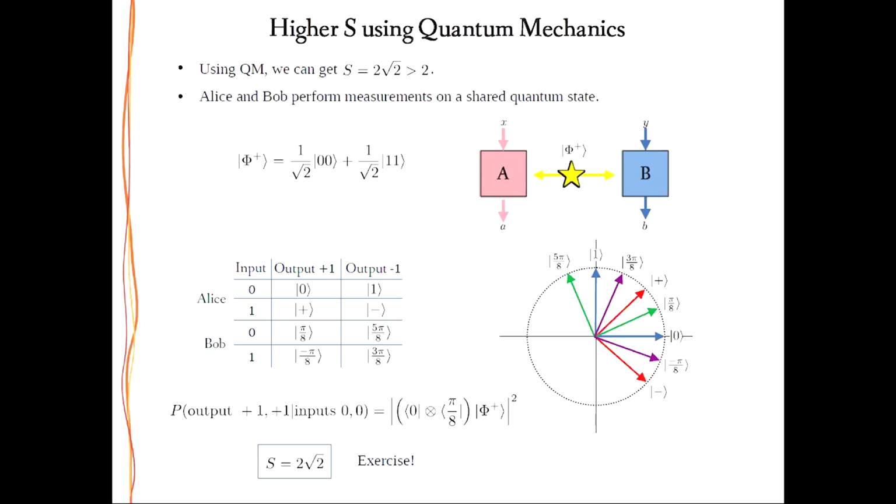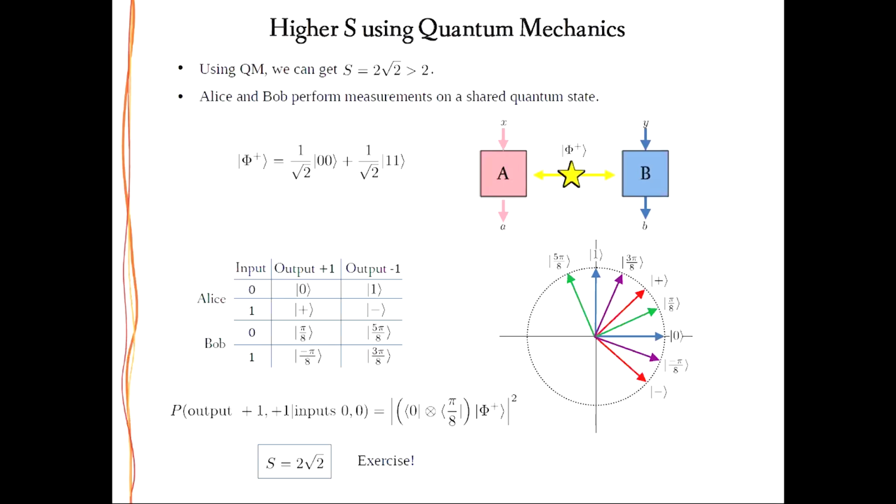So here we have the input state and the plus state. Alice gets output +1 in the case that she has input 0, so we use this 0. That's why there's a 0 here.